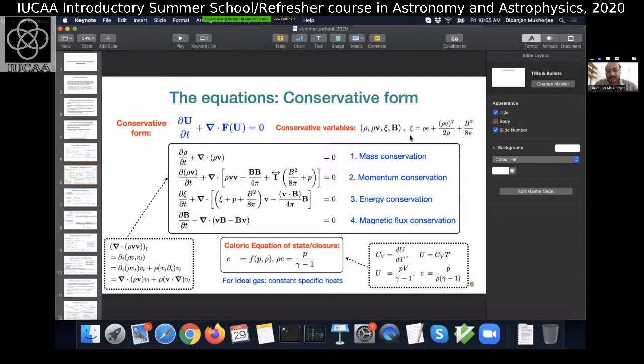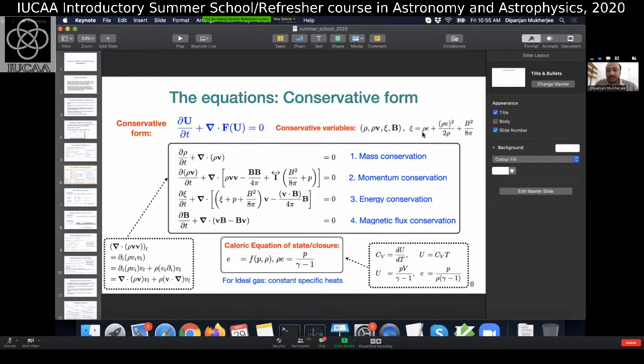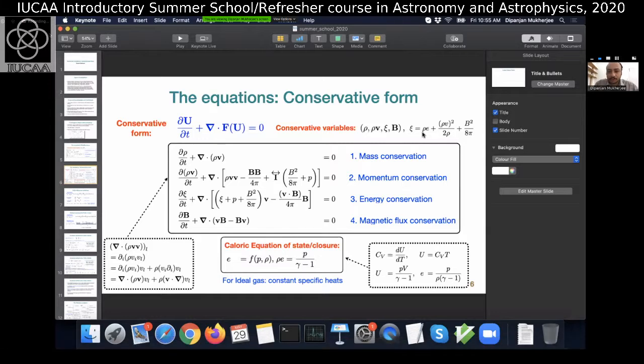So epsilon is the sum total of all the energies. In the total energy you have the internal energy, which is a proxy of the temperature of the system, plus the kinetic energy because of the motion of the fluid itself, and a contribution from the magnetic field. But the way we connect the internal energy is through the caloric equation of state.